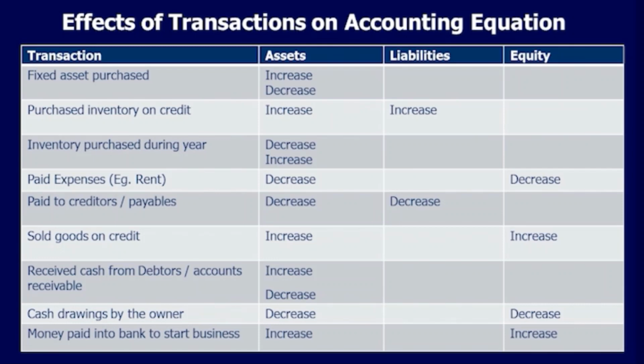We are given some accounting transactions and we are going to see how these accounting transactions would affect the accounting equation. As I told you before, many accounting transactions do not change the accounting equation at all, because two or more accounts of the same component of the equation are changed, which cancels out any effect on the overall equation.